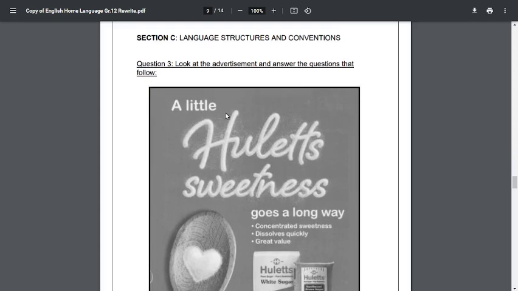So why is it made in sugar? Because they're trying to connect it with their product. Why is it a soft font? So not very harsh angles or anything like that in this font. Well, because they want it to be associated with sweetness and goodness and essentially love. They don't want it to be too exciting. So you would use harsh angles if you're advertising a Lamborghini, but here they use all these soft angles.